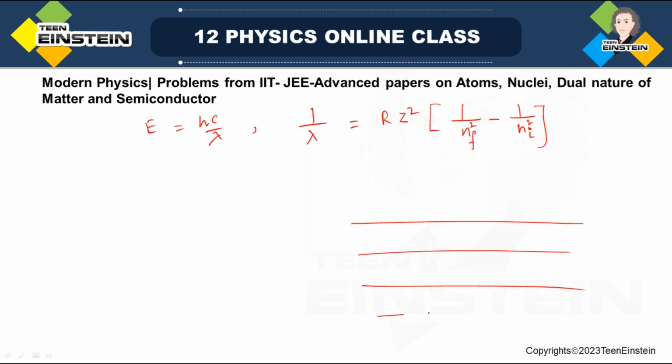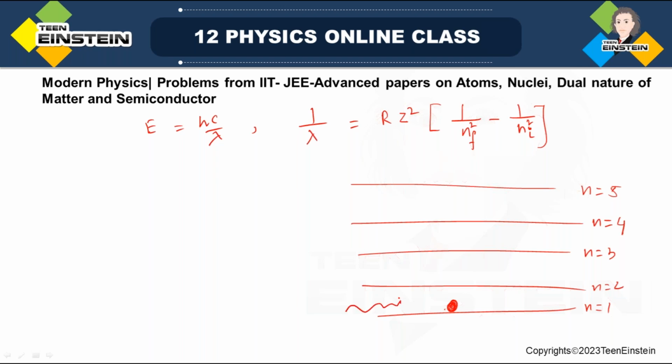Suppose there are various energy levels, n equal to 1, n equal to 2, n equal to 3, n equal to 4, n equal to 5, etc. Now the question is, the electron was there in the ground state, and as soon as it absorbs a photon of wavelength lambda a, it gets excited to n equal to 4.